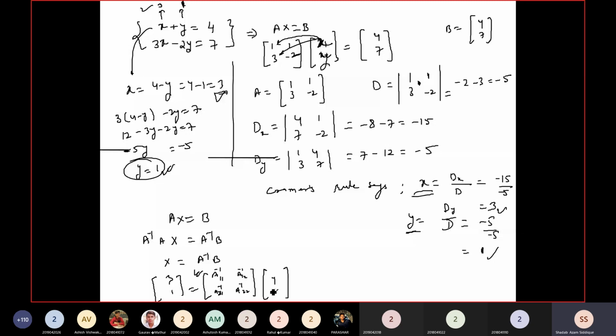So try to play with this matrix and try to find. I'll go for the 3 cross 3 matrix, and let me check whether Cramer's rule is valid or not.